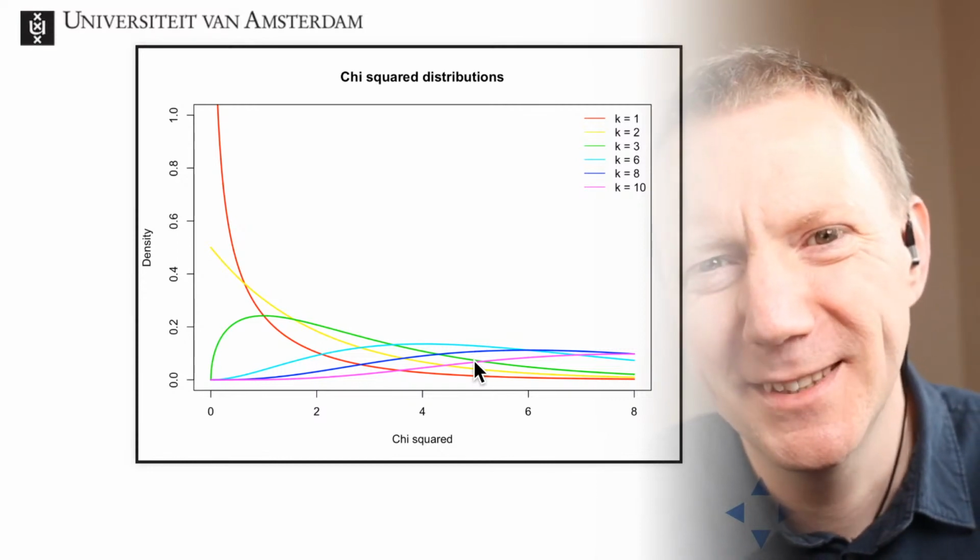Could I ask a question? Of course, always. How do you make a continuous graph from two categorical variables? Yeah, so it's not the continuous graph of the variables, right? It's the continuous graph of all possible chi-square values under the assumption that the null is true. Okay, thank you.